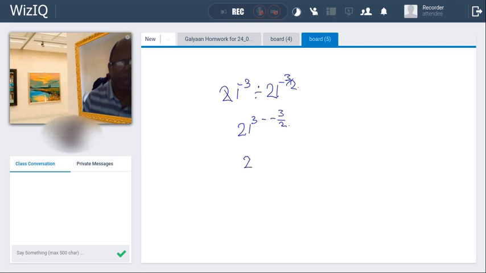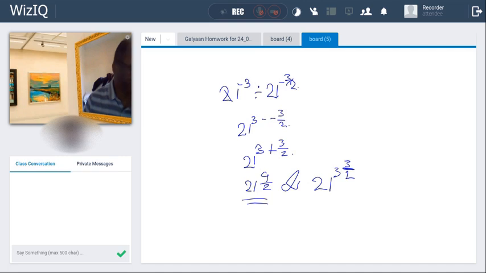And this becomes 21 to power 3 plus 3 over 2. So this is going to be 21 to power 2 times 3 is 6, 6 plus 3 is 9. So it's 9 over 2. That should be the answer. Or the other way is leaving 21 to power 3 and 3 over 2, or 4.5.